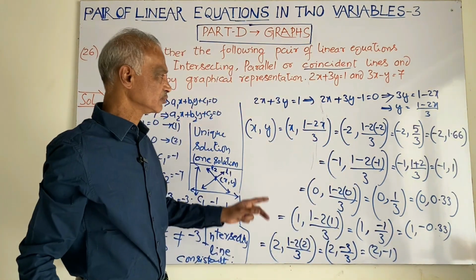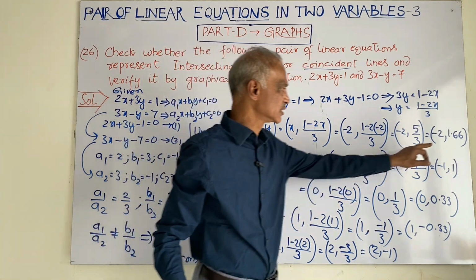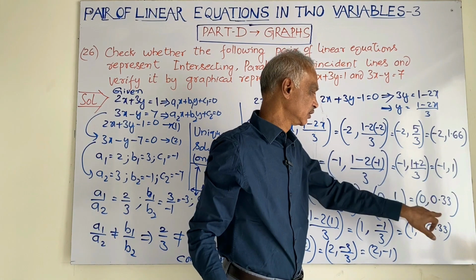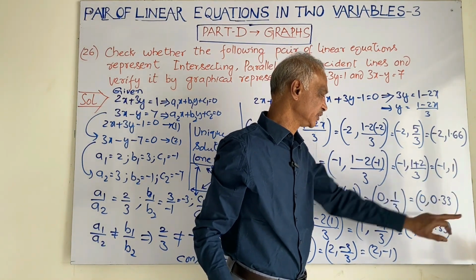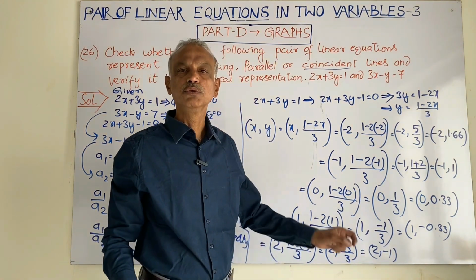How many coordinates we got? 1, 2, 3, 4, 5 coordinates: minus 2, 1.66; minus 1, 1; 0, 0.33; 1, minus 0.33; and 2, minus 1.